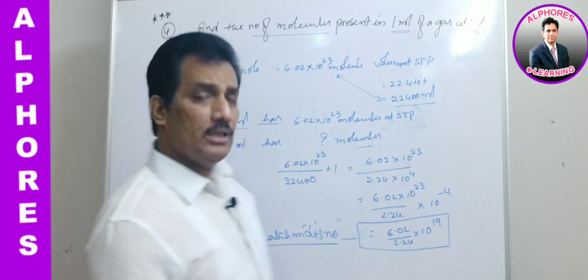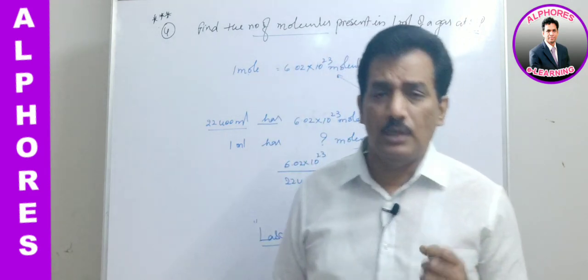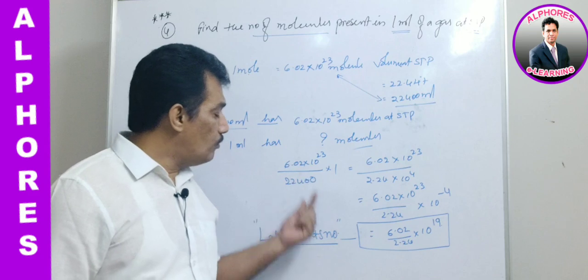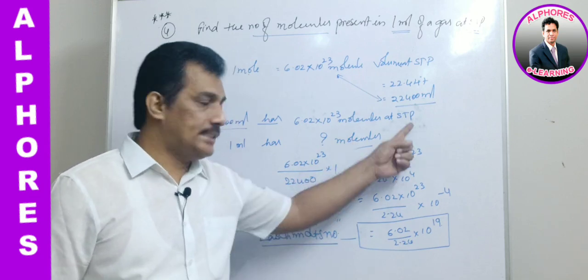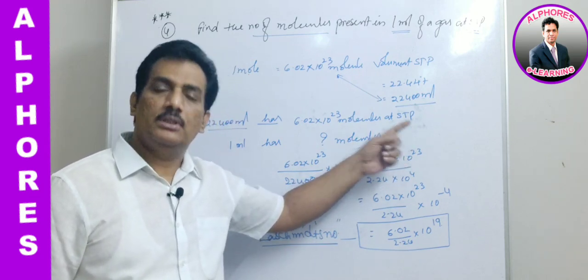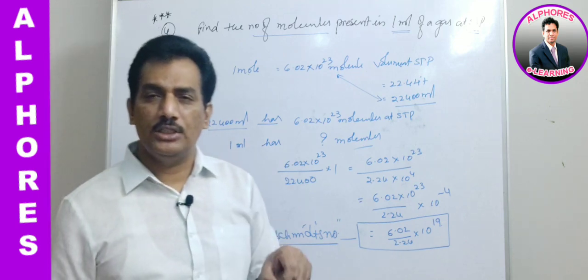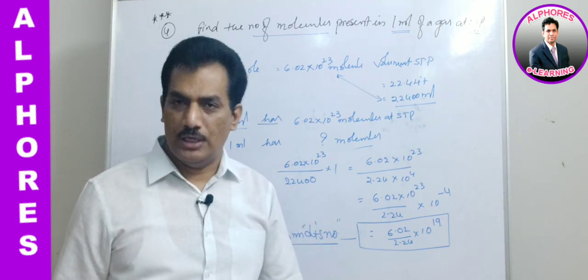Loschmidt number is nothing but the number of molecules present in 1 ml of a gas at STP condition. The number of molecules present in 1 ml of a gas at STP condition is known as Loschmidt number.